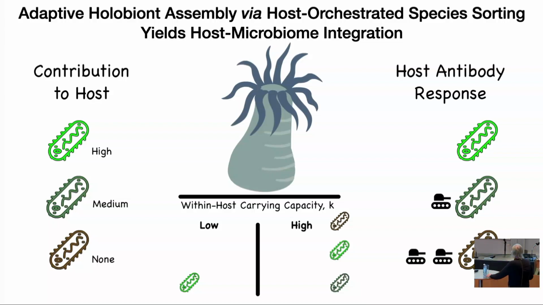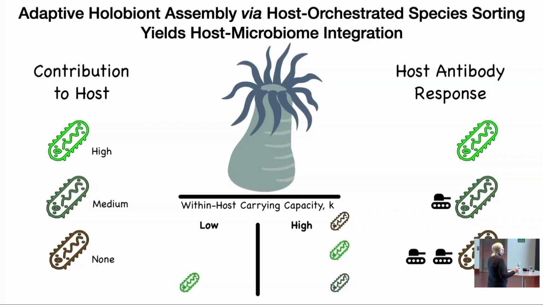So here, the idea is that the things are everywhere and the host selects. And so I've set up a little animation here to show you how this would work.